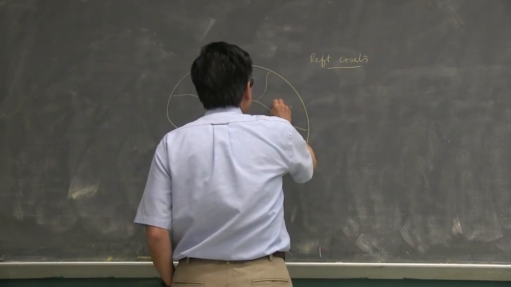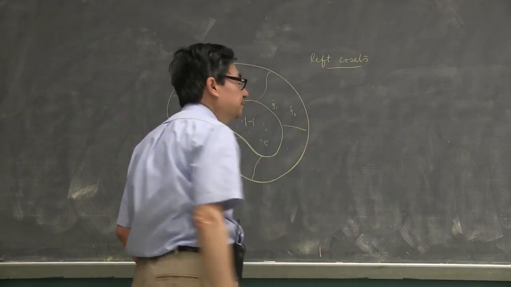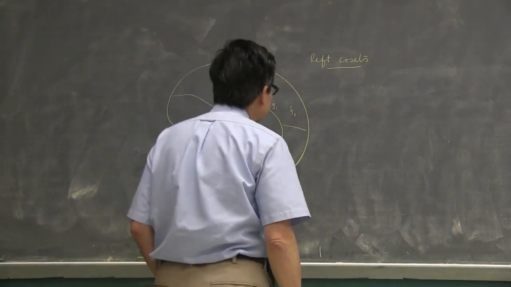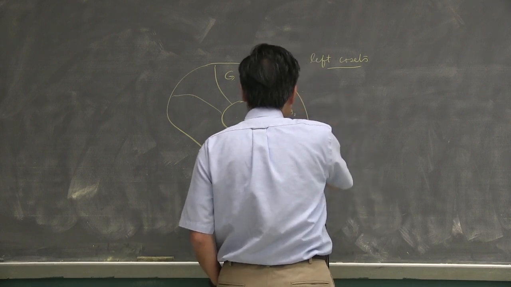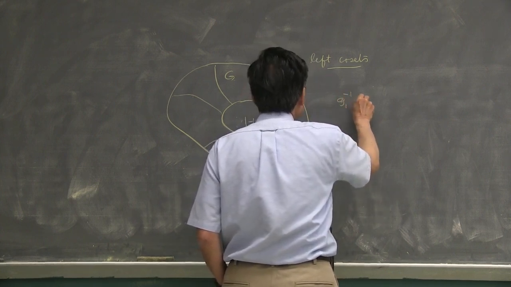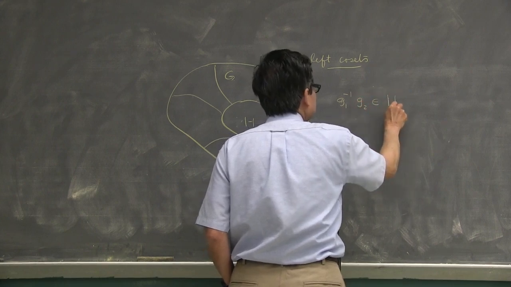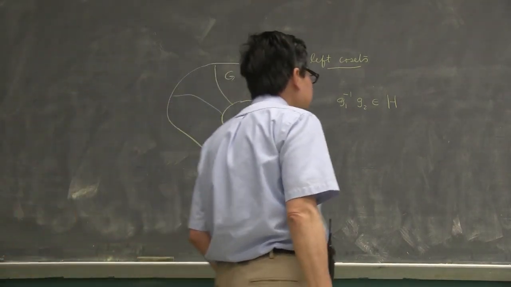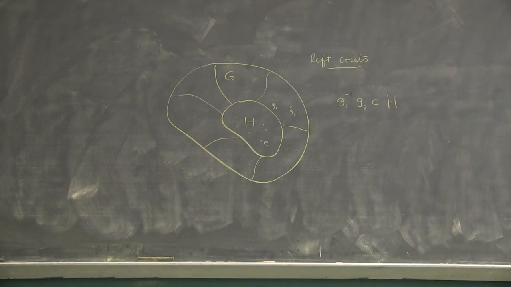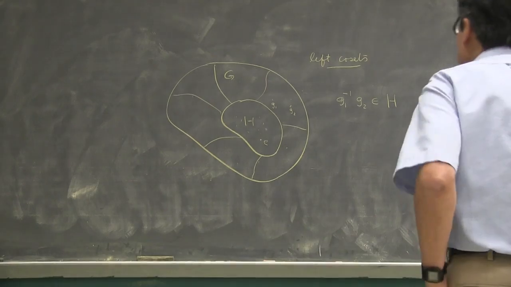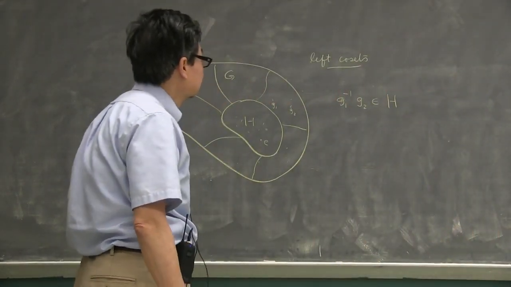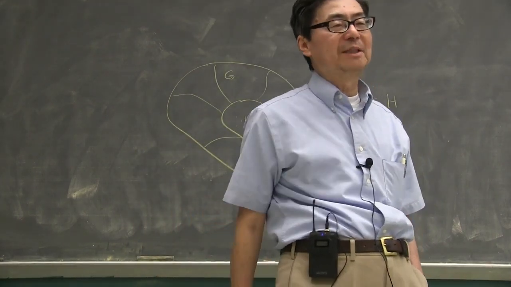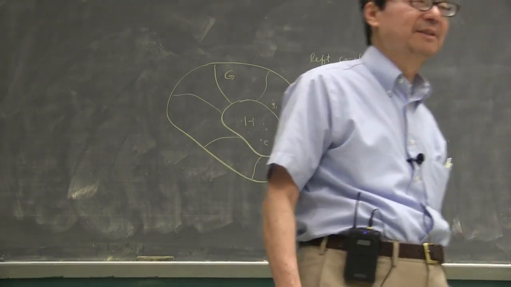We say that any two elements G1 and G2 are said to belong to the same left coset with respect to H if G1 inverse times G2 belongs to the subgroup H. Any two elements belong to the same left coset with respect to H if G1 inverse times G2 is an element in H. Now, I don't know if it's too obvious, but it's not too hard to show that this is an equivalence relationship.